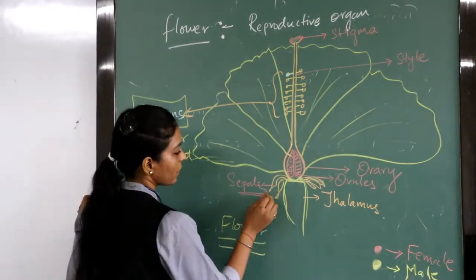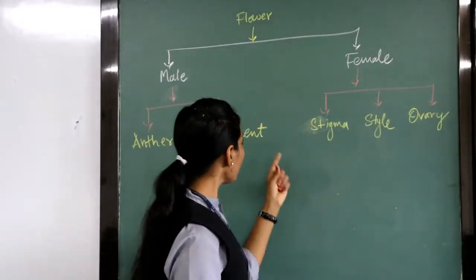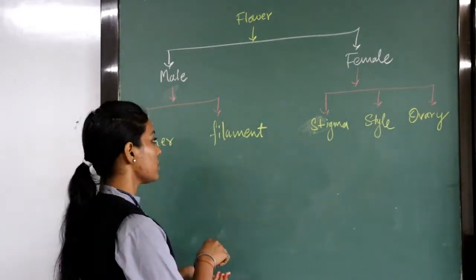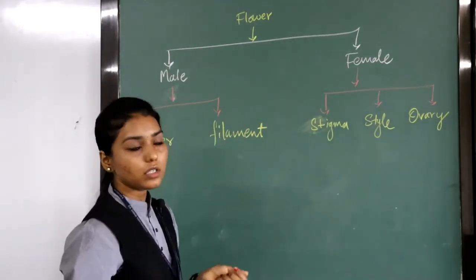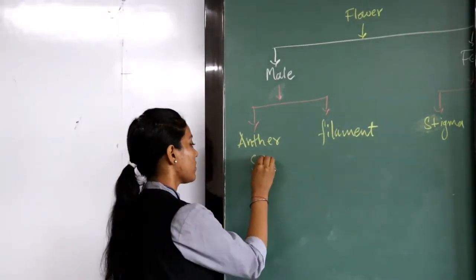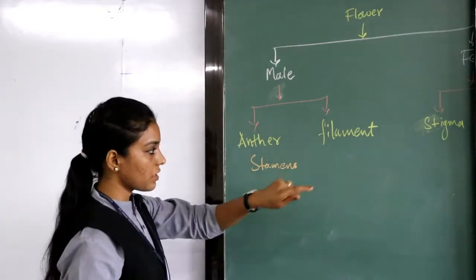So this was the remaining part. I hope you all have understood this particular part. Now, first we will see only the male part of a flower. In that, we will see stamens. If you see your textbook, it is written the same way.